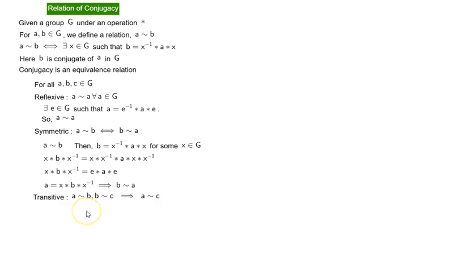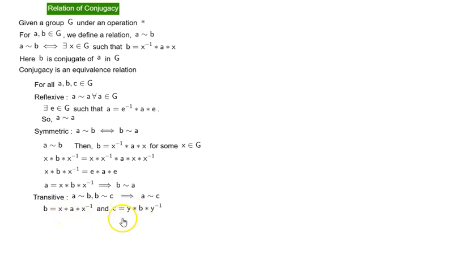Now let's come to transitivity. B is a conjugate of A, C is a conjugate of B, implies C is a conjugate of A. So the first relation can be written as B is equal to X times A times X inverse, and the second relation can be written as C is equal to Y times B times Y inverse.